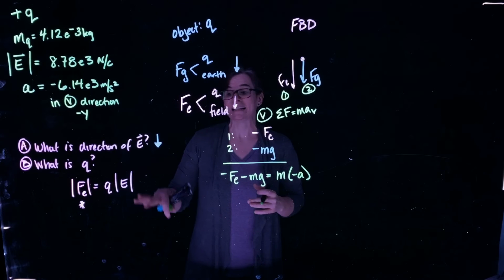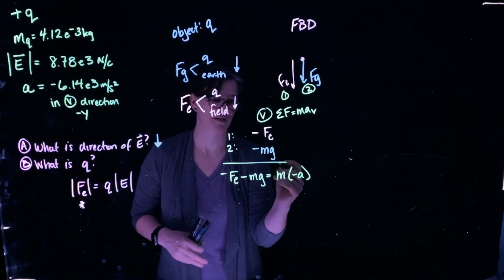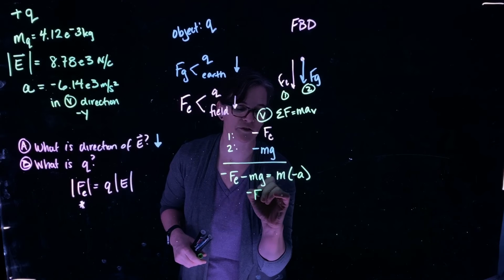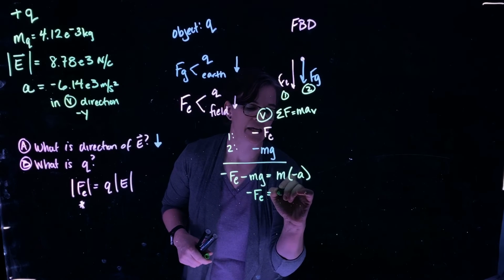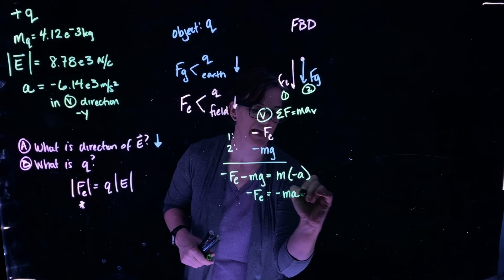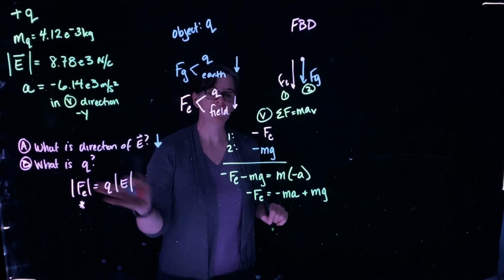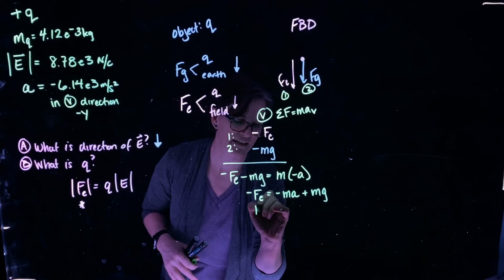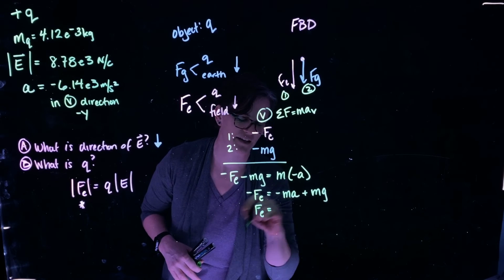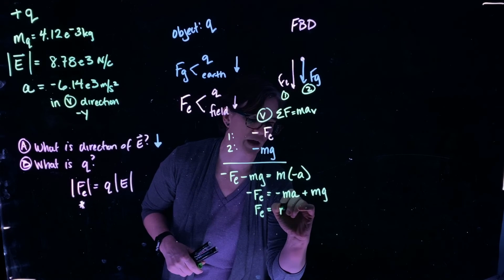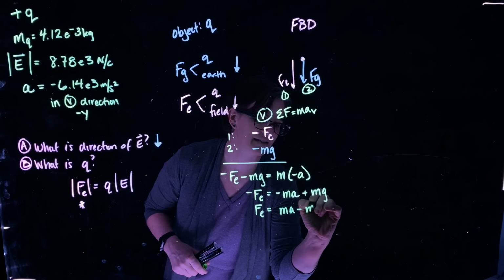So I'm interested in the electric force, so I'm going to solve for the electric force. I have minus Fe equals minus ma plus mg, bringing mg over. And then I'm going to multiply through that negative. I have Fe is equal to ma minus mg.